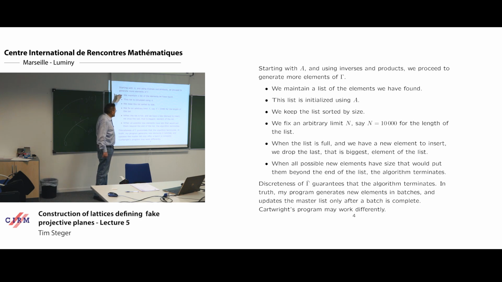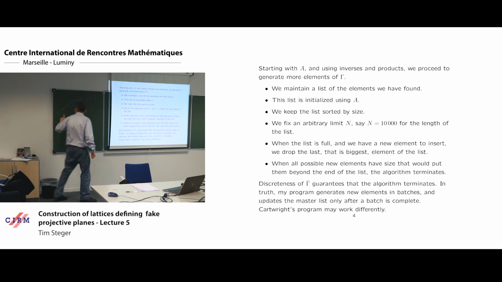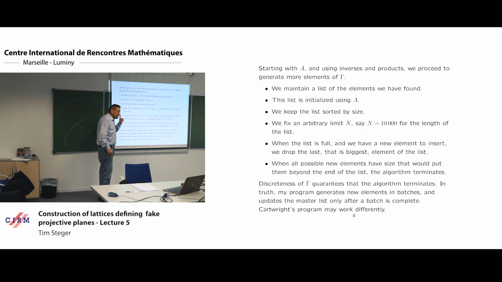So we maintain a list of the elements we've found so far. We start out with the elements A, and throughout we keep this list sorted by size, how far it moves the origin. And we fix an arbitrary limit for how long we'll let this list be. Then we start multiplying elements, and whenever we find a new element, we insert it in the list in the proper place.